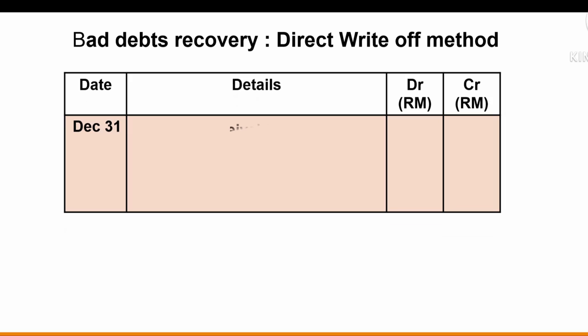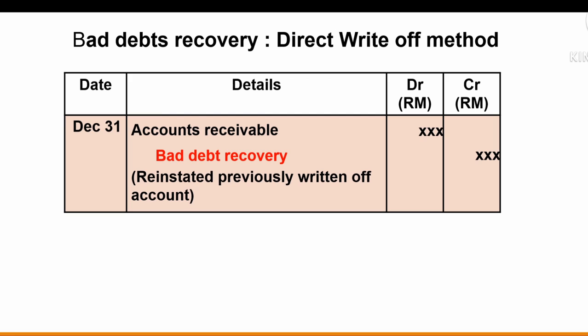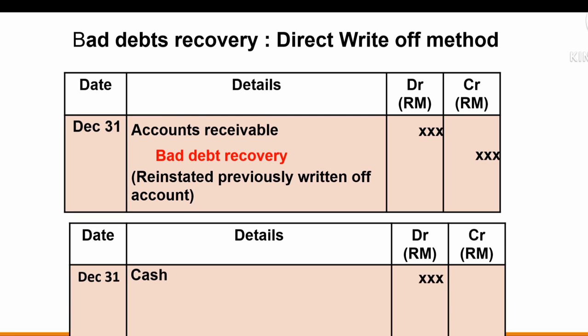So, we look at the steps when we record bad debt recovery under the direct write-off method. The first one, we have to record account receivable in the debit and credit bad debt recovery. We record account receivable on the debit side because we want to reinstate the previously written off account.